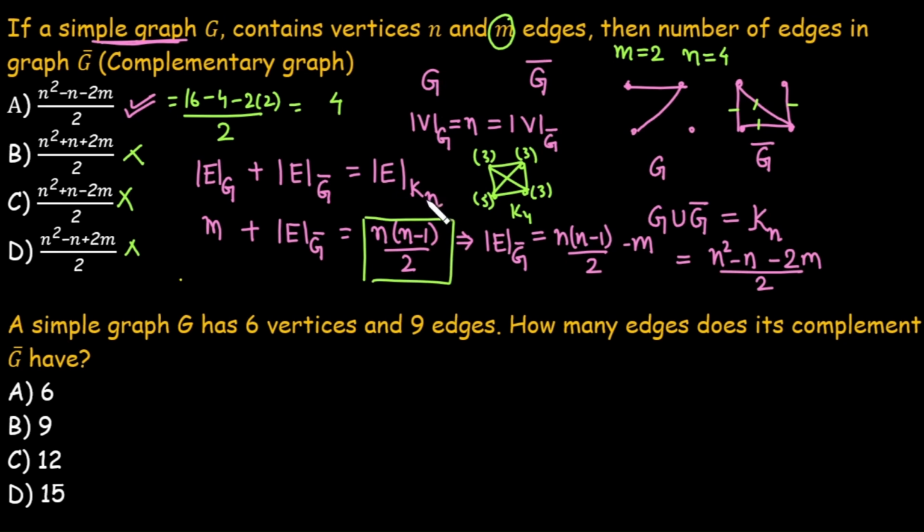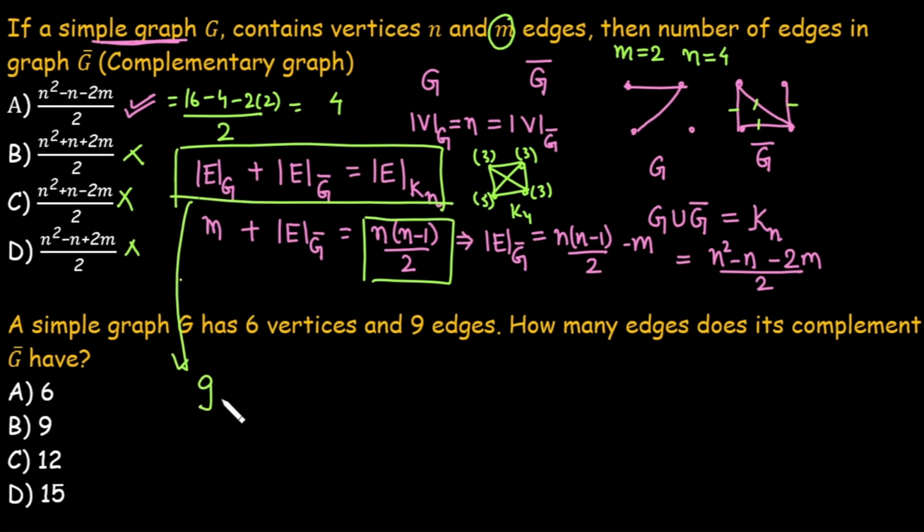Let's take another example. If G is a simple graph with 6 vertices and 9 edges, how many edges does the complementary graph have? The same concept is applicable. We will use this result. The number of edges in graph G is 9.